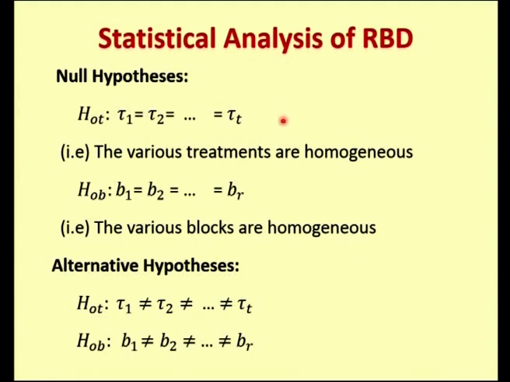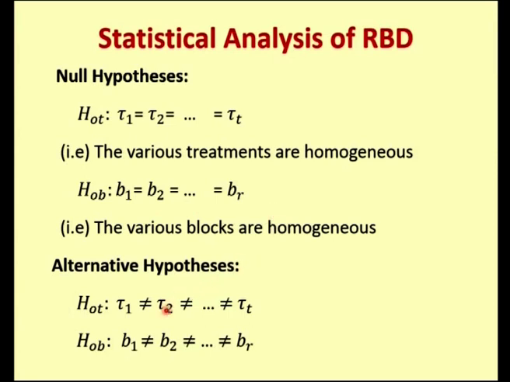And to carry out the analysis, we frame the null hypothesis against the alternative hypothesis. So, here the null hypothesis is that the various treatments are homogeneous and the various blocks are homogeneous. In other words, tau 1, tau 2 and so on up to tau t are equivalent, and beta 1, beta 2 up to beta r, that is the effects due to the r blocks, are homogeneous.